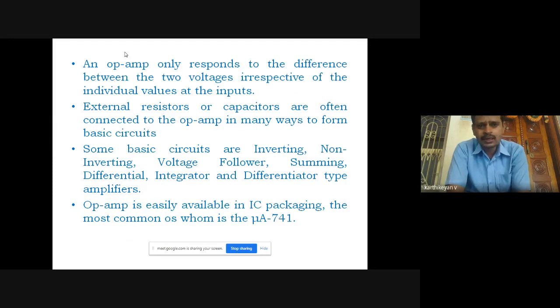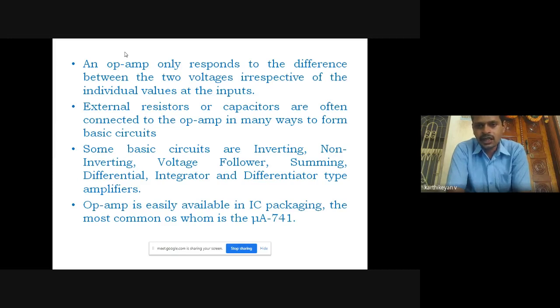As I told earlier, an op-amp consists of two inputs and one output. The operational amplifier responds to the difference between the two voltages V1 and V2 irrespective of the individual values at the inputs.